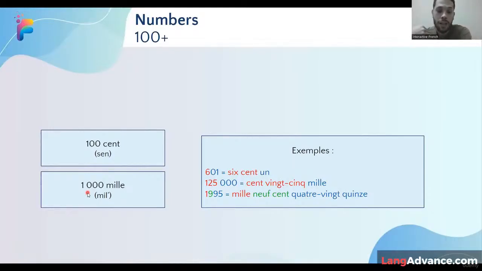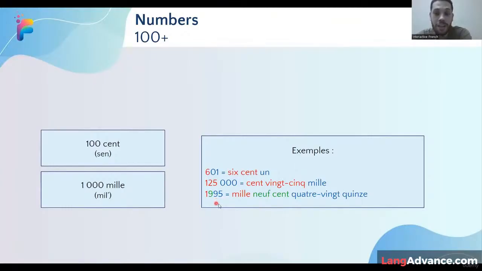Okay, again, I can read from left to right, okay? If I wanted to say a date, a year, I could read this way, right? So first I start with mille, and then neuf cents, and then quatre-vingt-quinze.